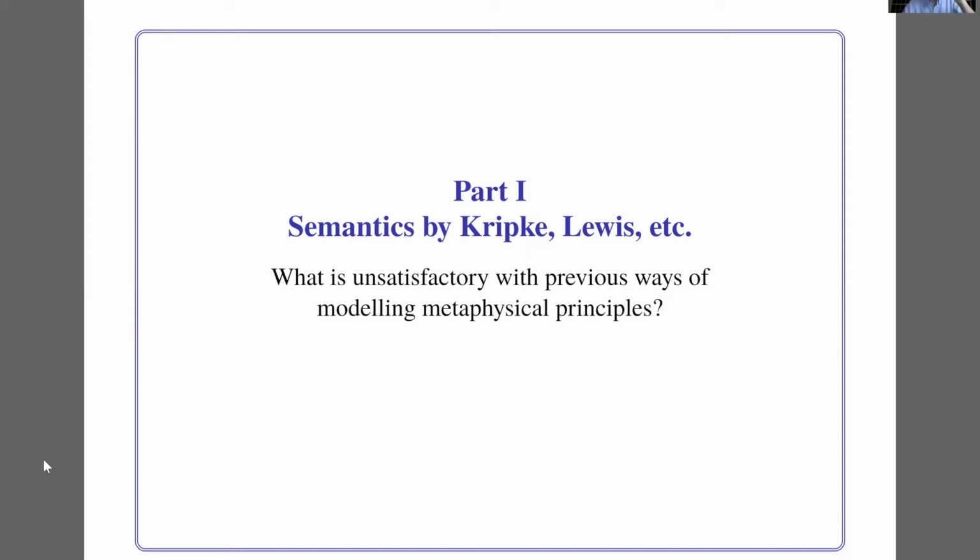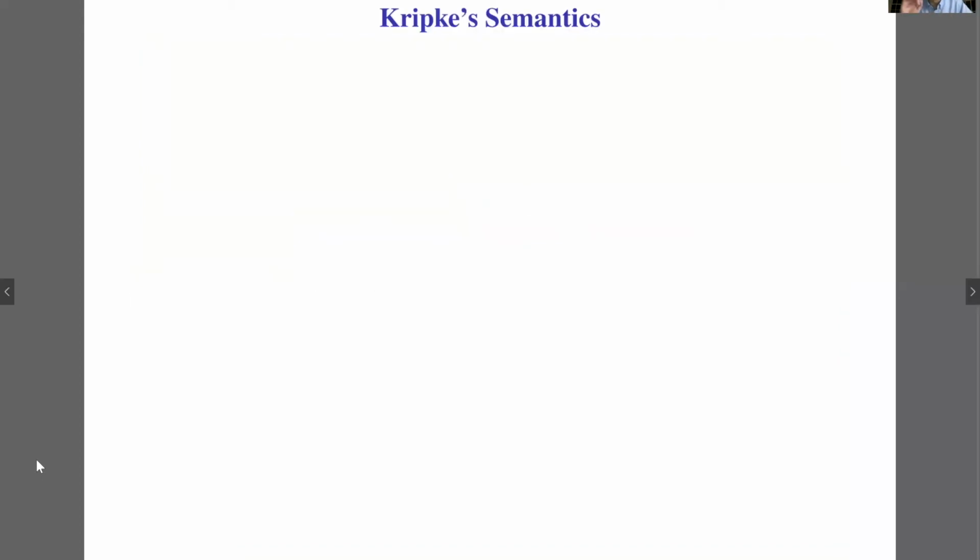My point is not that they get philosophy wrong. My point is that, as a logician, I have a certain goal, and they do not give me what I want. Okay. So with that disclaimer, let me go on to the next slide.